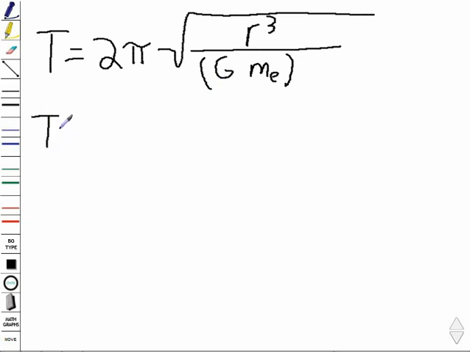So if I start plugging in the numbers we have from earlier in the problem, we've got 2 pi. And I would suggest if you're using a graphing calculator, use the pi button on your calculator. And it's going to be times the square root of my radius of orbit, which is the radius of the Earth, plus how high above the Earth the satellite is orbiting.